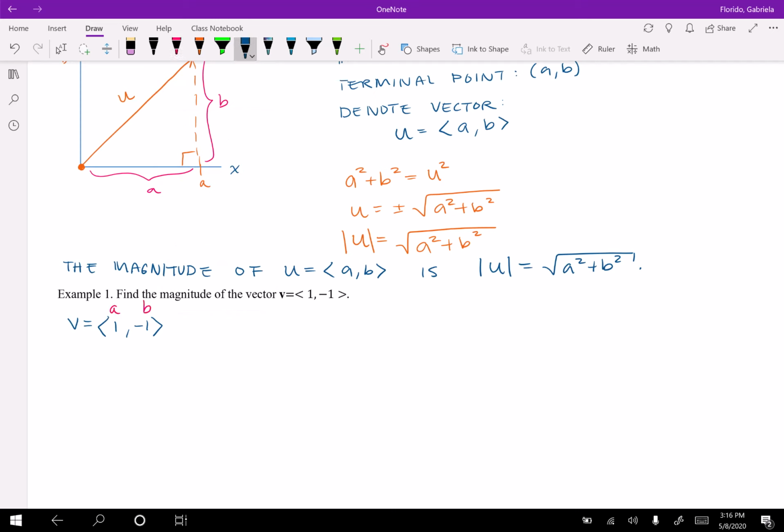So the magnitude of v is equal to the square root of a squared, which is 1 squared, plus b squared, which is negative 1 squared. So we get the square root of 1 plus 1, which is the square root of 2. So the length of this vector, the magnitude of vector v, is equal to the square root of 2.